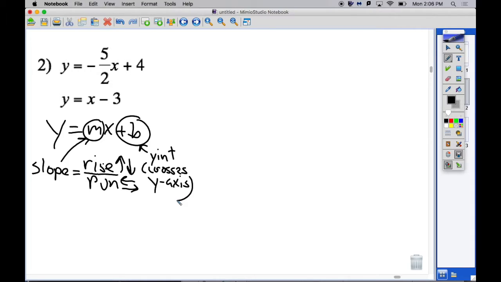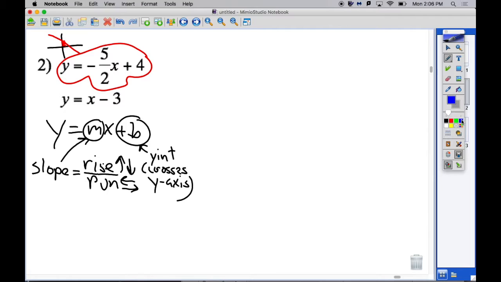Now, if I were to graph these, it would look something sort of like this. If I were to graph this equation, it would cross at 1, 2, 3, 4, and it would have a negative slope where I go down 5 over 2, and it would kind of cross like that. Now that's that first equation.